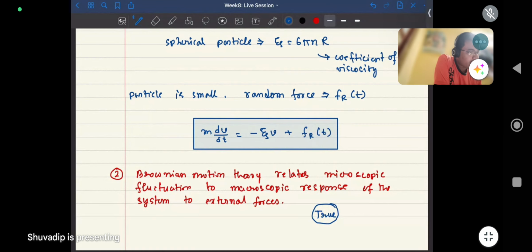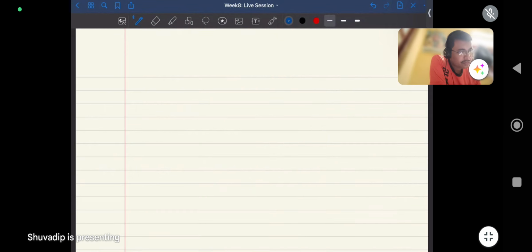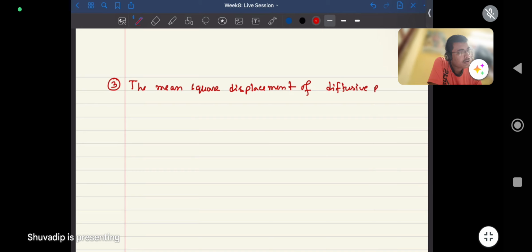Question number 3. The mean square displacement of a diffusive particle is given by which relation?